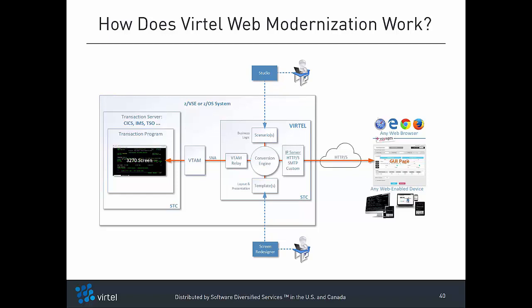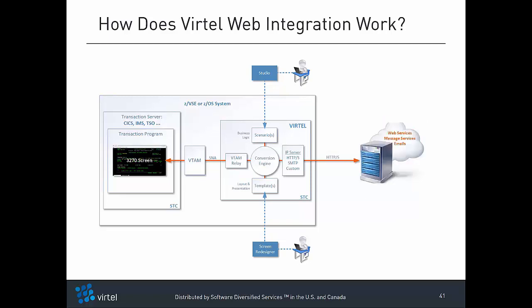This type of configuration is referred to as Virtel Web Modernization. Then again, with custom developed scenarios and templates, Virtel can be used to develop interactive bidirectional communications between web and host applications through web or message services. This type of configuration is referred to as Virtel Web Integration.